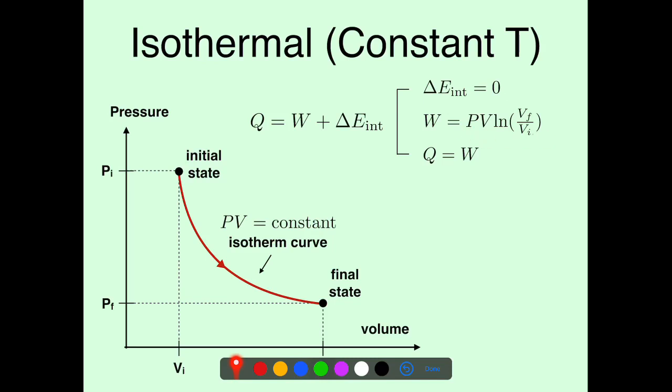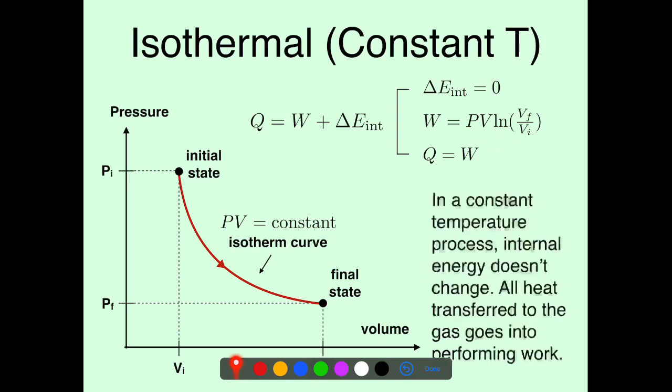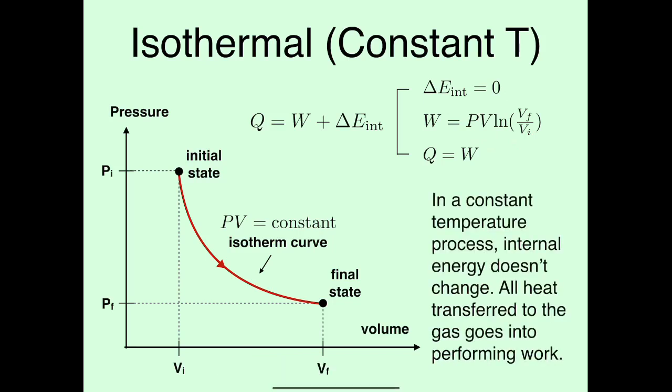And Q, the heat, is just equal to the work. So you can use that same expression that we derived for work to calculate the heat. So what we find is internal energy doesn't change, and all the heat that's transferred to the gas therefore goes into performing work. So Q is equal to W, in other words.